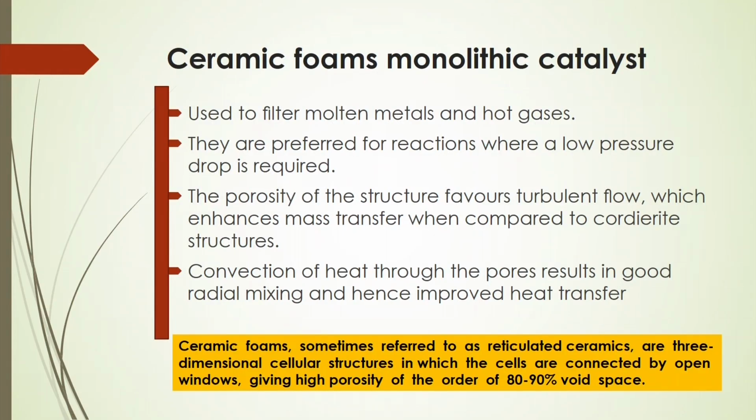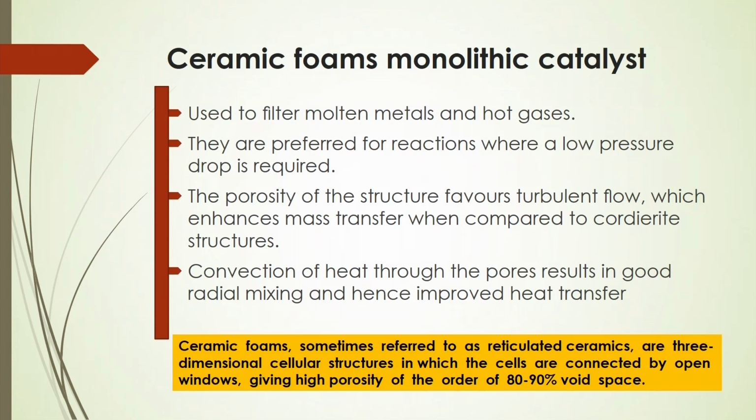This is very important for reactions, whether endothermic or exothermic, because it determines how heat is distributed. Also, in this case you can use molten metals and hot gases for specific chemical engineering processes for reaction purposes.